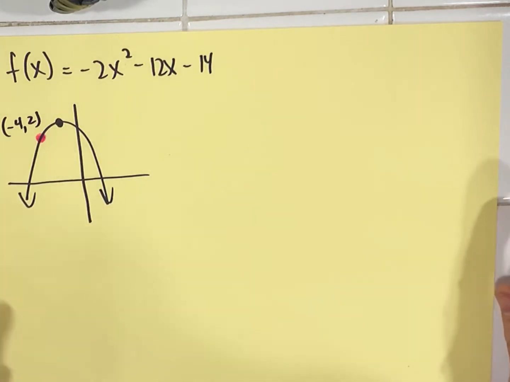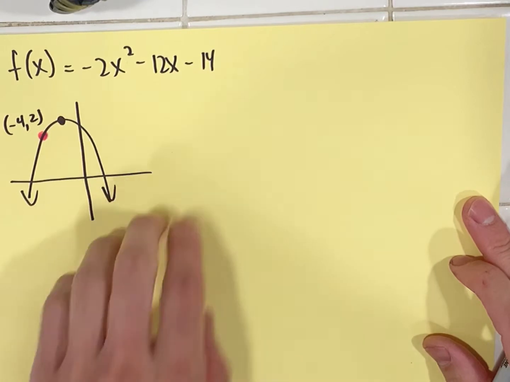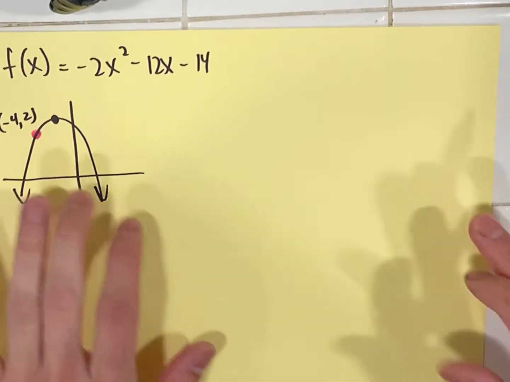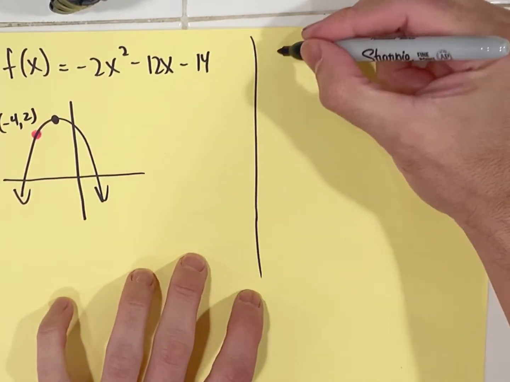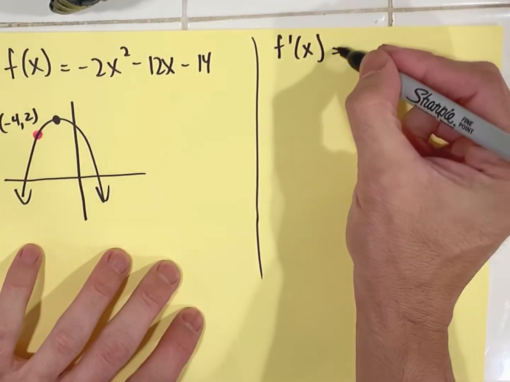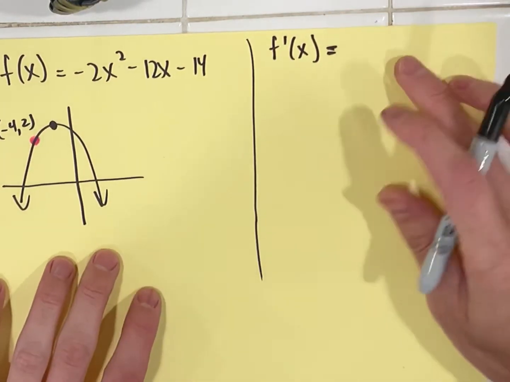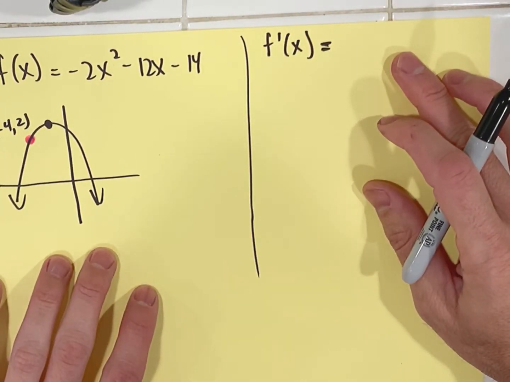So let's have a discussion about the derivative and what it does. So this is a function f of x, and this is what the graph of f of x looks like. How about the derivative, denoted f prime of x? I don't know if you guys have been shown the power rule or all the different shortcuts for a derivative. Maybe right now you guys are looking at the difference quotient using limits.